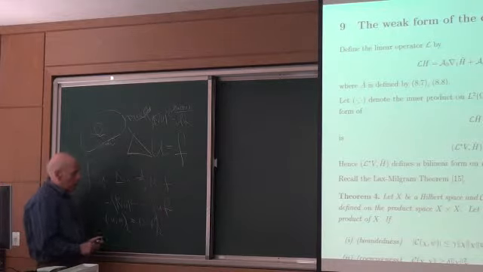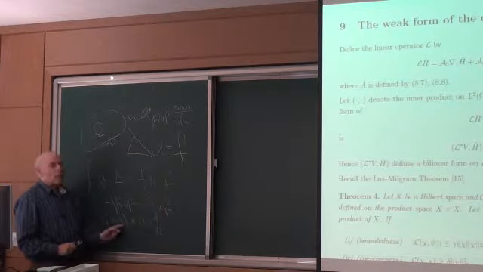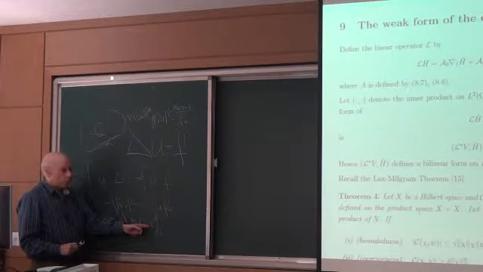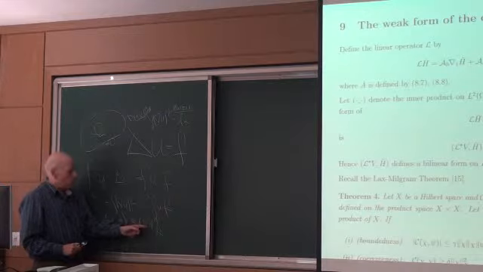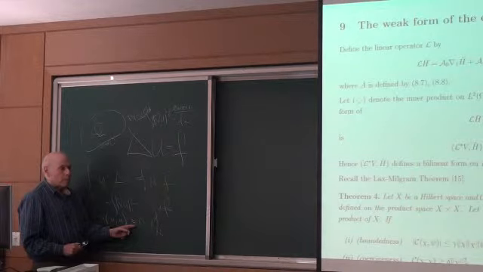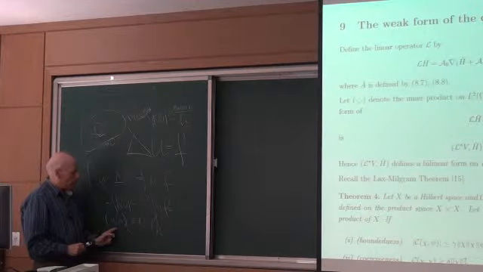Now we've changed it into a rather functional analytic setting that says, as you run over all u's, for a fixed f, can you find the u that satisfies this relation?